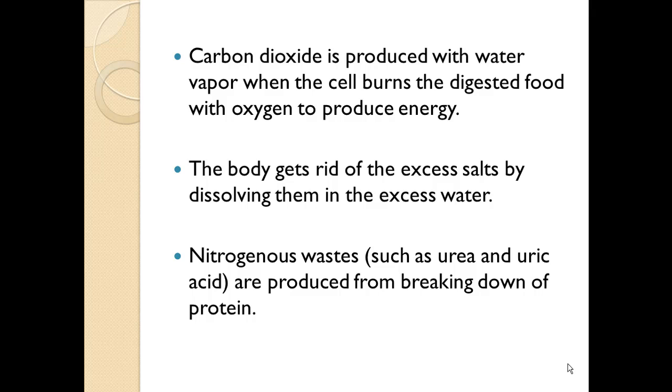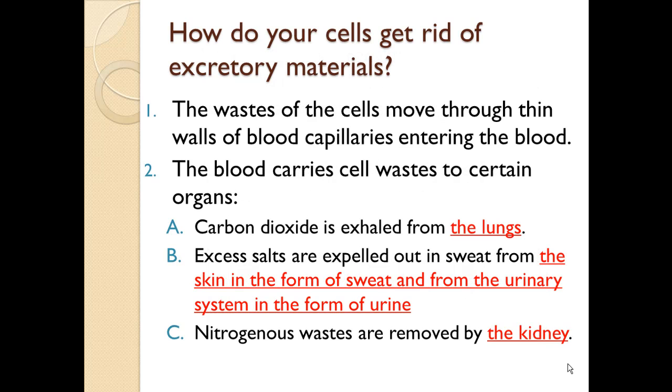To sum up, we divide the waste into two parts, which are solid waste and excretory material. And here comes the meaning of excretion. Excretion is a process by which your body gets rid of waste.